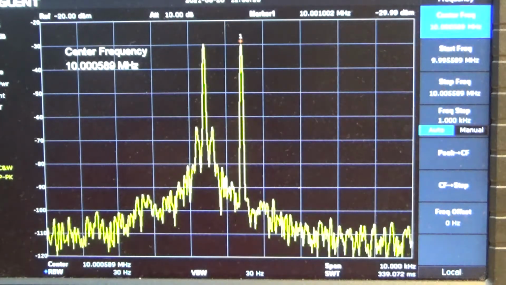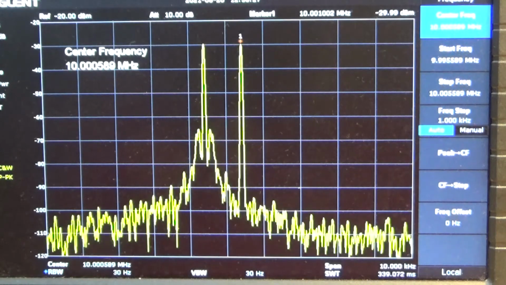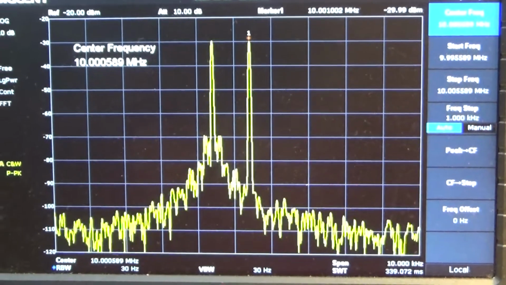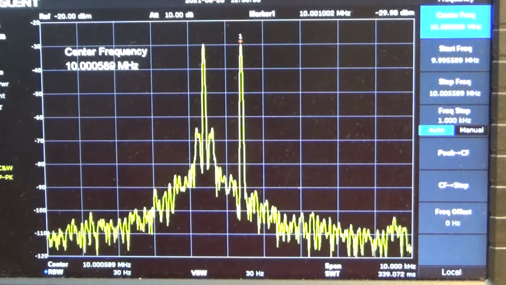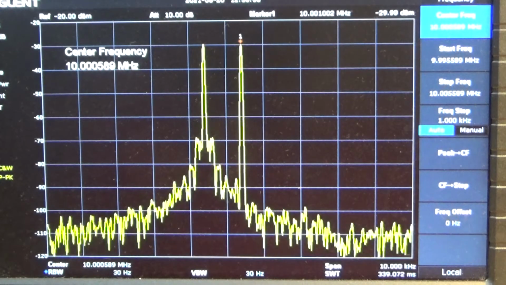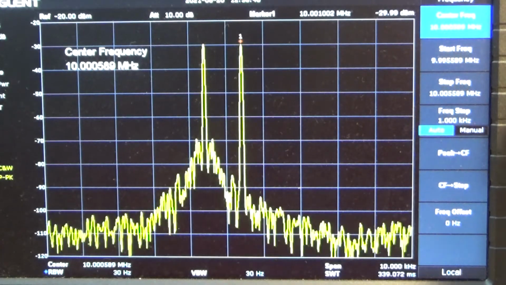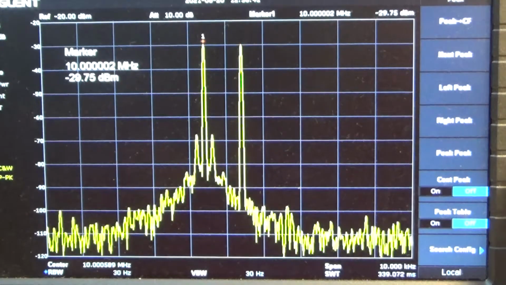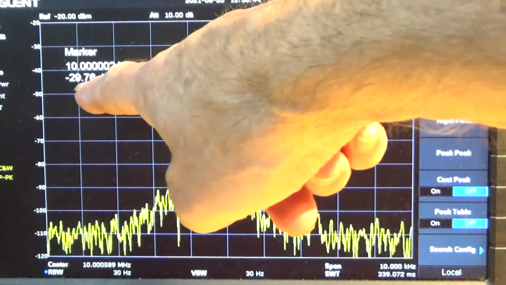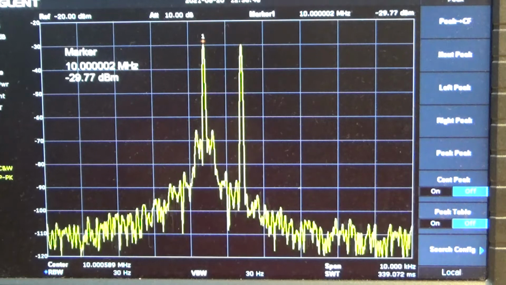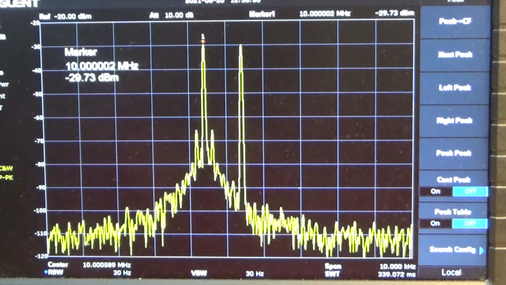As you can see, we've got the two signals from the two generators, and I've had to adjust the generators for the loss in the combiner to get a minus 30 dBm signal on each generator.